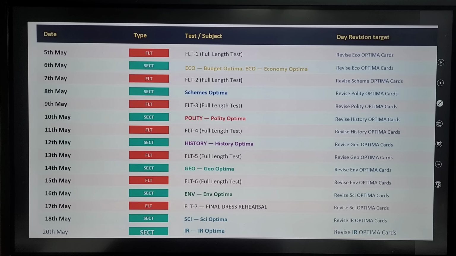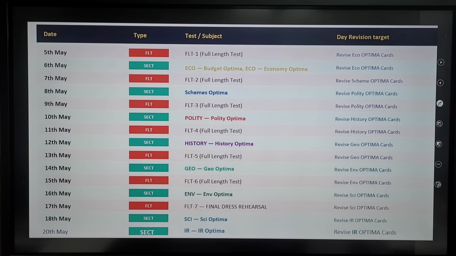Every day you can see I have made a plan. Every day at 9:30 in the morning you have to take a test. Which test to take? What subject? Full length test? Sectional test? I have given you 7 full length tests and 8 sectional tests. One sectional test for economy has 100 important economy questions. One test of polity, 100 important polity questions. One test of geography, 100 important geography questions.